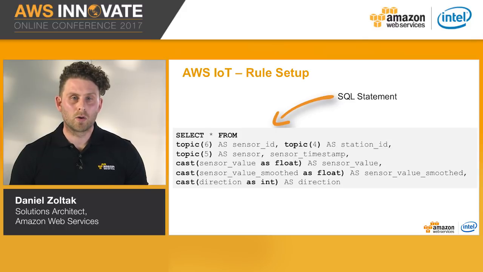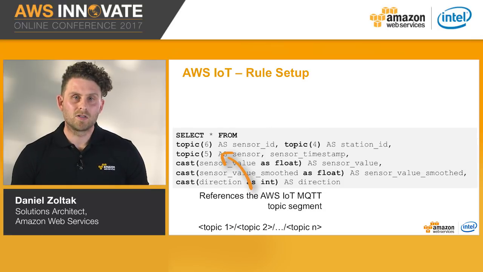Here is the SQL-like query that transforms the incoming topic segments and payload into an output payload. As you can see, we have extracted the sensor ID, station ID, and sensor type using the topic function from the corresponding topic segments. We've also extracted the sensor timestamp and sensor values from the payload and typecasted these values.